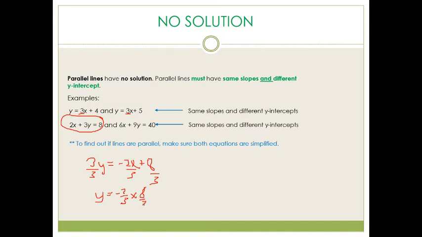Okay, so that's the first equation. Now I'm going to go ahead and convert the second equation into slope-intercept form. So 6x plus 9y is equal to 40. I'll subtract 6x from both sides of this equation to isolate the term with y.